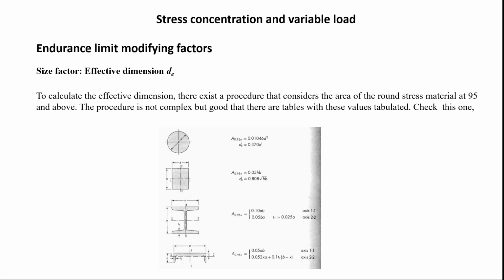So this is a way that you're going to find in the literature or design standards: when designing for fatigue and it's a complex shape, please use this effective dimension to account for size factor in fatigue. The equivalence comparison is made according to the area used to withstand the forces of the load.